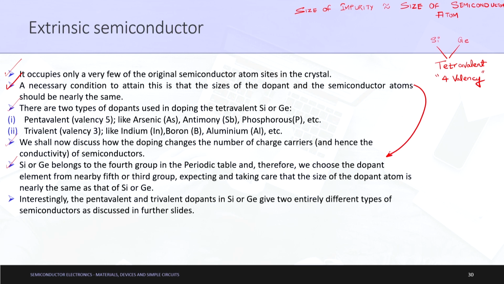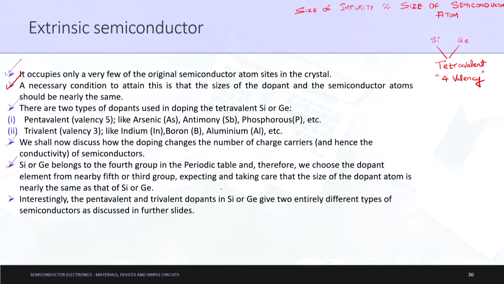And why we are doing this: in the lattice structure, we know that each silicon or germanium atom is bonded with another 4 silicon atoms.